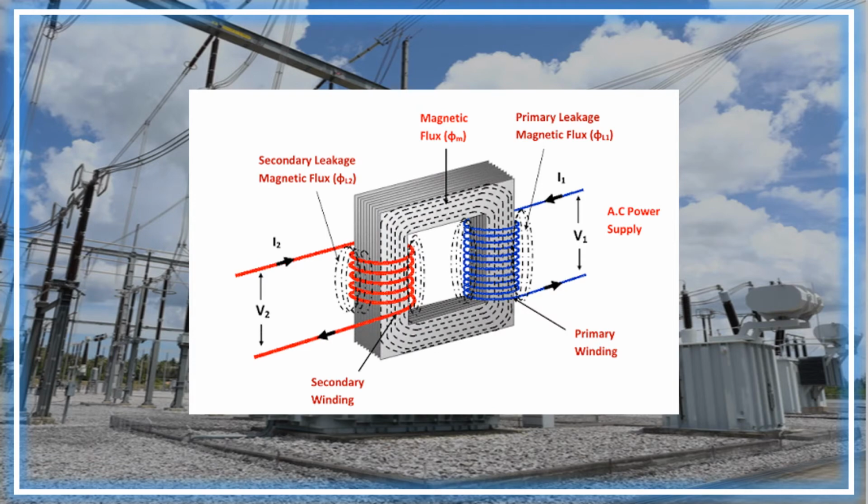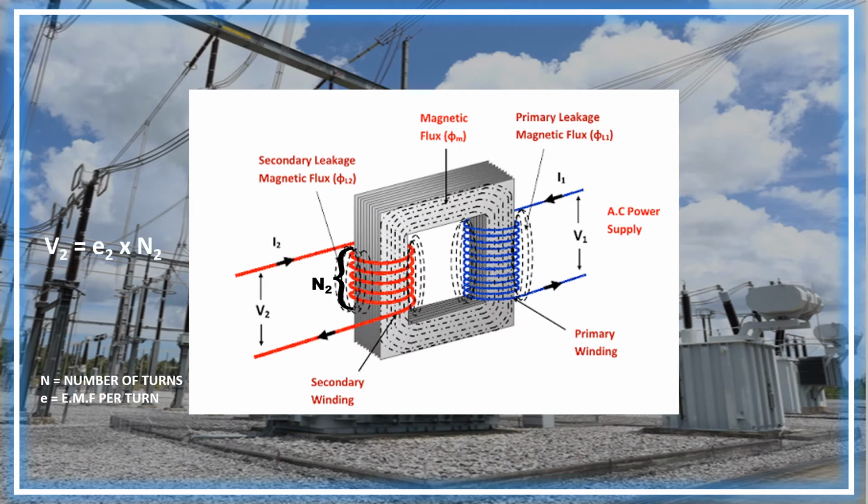Since the turns are arranged in a series, the net EMF induced across the winding will be the sum of the individual EMFs induced in each turn. Since the same magnetic flux is passing through the primary and secondary coils, the EMF per turn for both the primary and secondary coils will be the same.